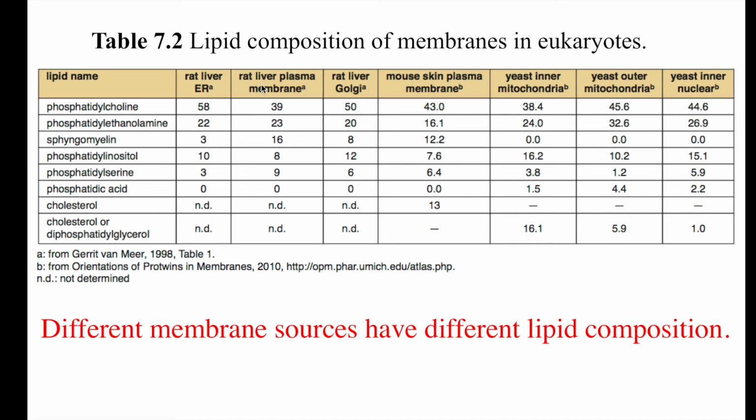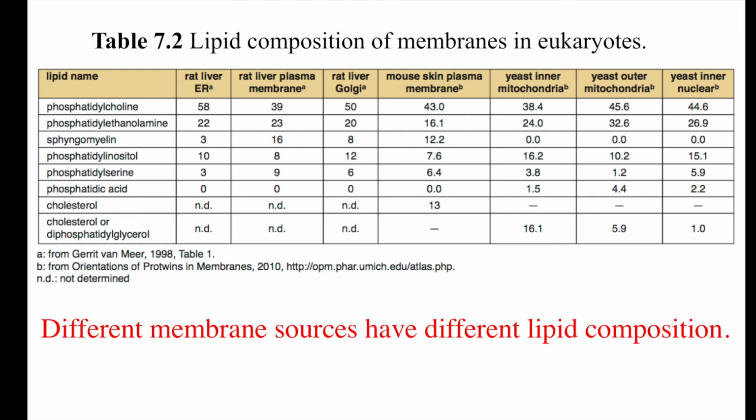So even within one species, the endoplasmic reticulum of a rat has different chemical composition than the cell membrane of a rat. Or the Golgi apparatus, which is another membrane-like organelle in a cell. Just to give you an idea of how much membranes change.